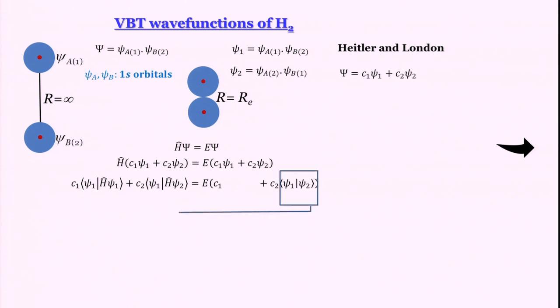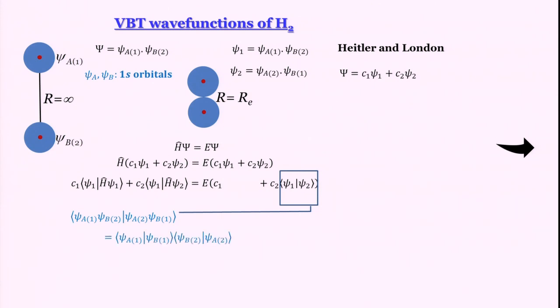Let us expand. Integral psi 1 psi 2 will be equal to, replacing the expressions for psi 1 and psi 2 here, this is what you get: integral psi a1 psi b2 psi a2 psi b1. Again, we will write this as a product of two different integrals, one in terms of electron number 1, the second in terms of electron number 2.